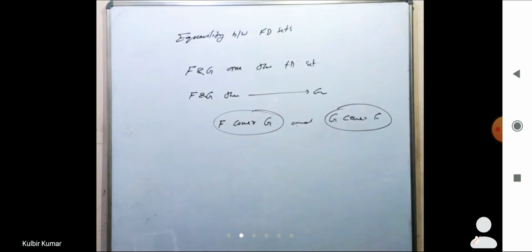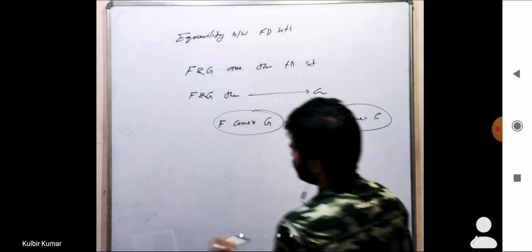ठीक है, सो F कवर G का मतलब क्या होता है? लेट्स अंडरस्टैंड.